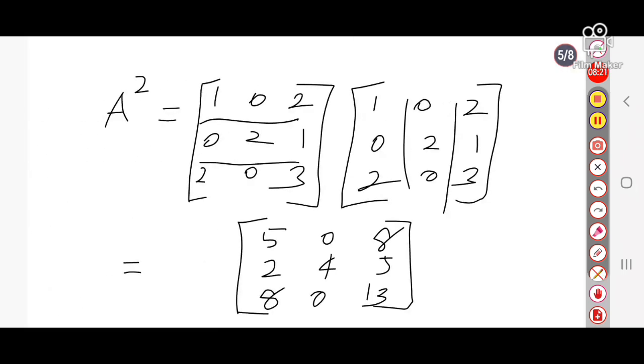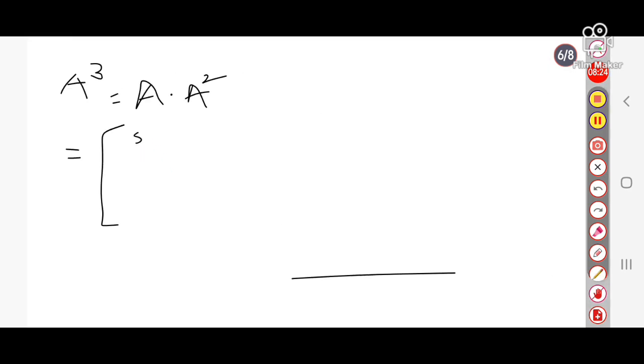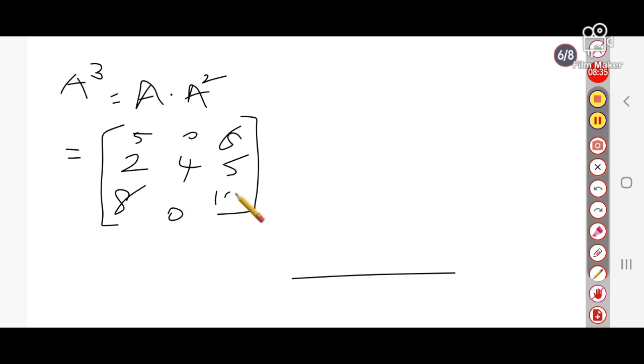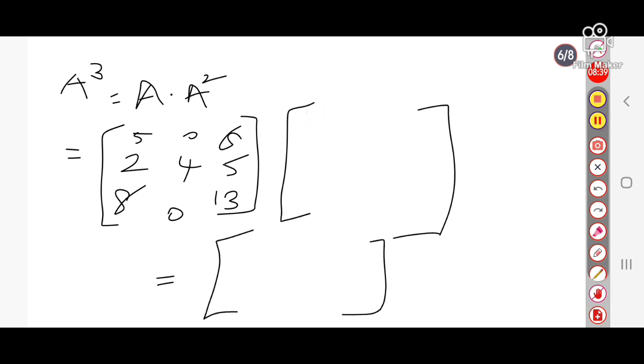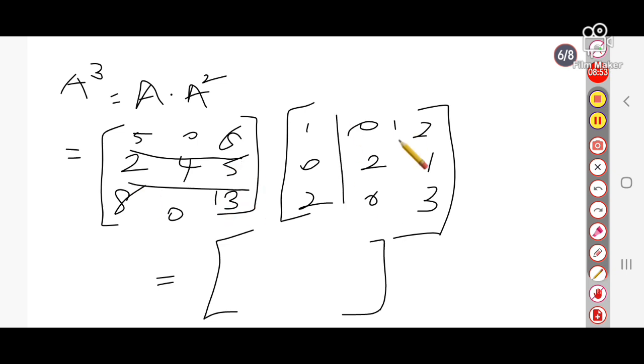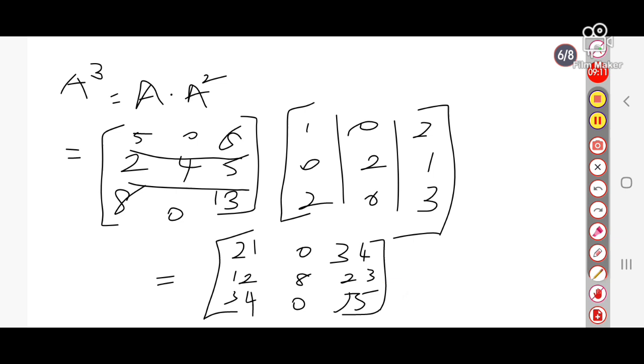We got A square as 5 0 8, 2 4 5, 8 0 13, into 1 0 2, 0 2 1, 2 0 3, which is the value of A. Again multiplying these two to find the value of A cube, upon multiplication we get 21 0 34, 12 34, 8 0 55 23. Kindly just check it out by calculating in your notebook.